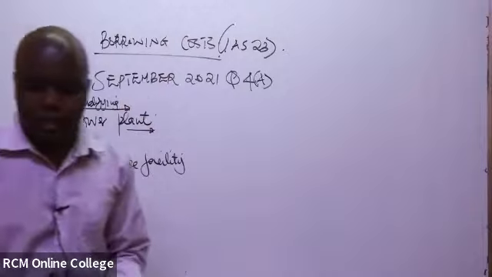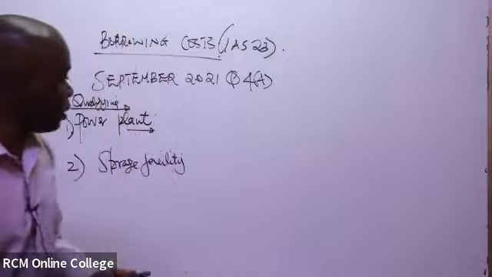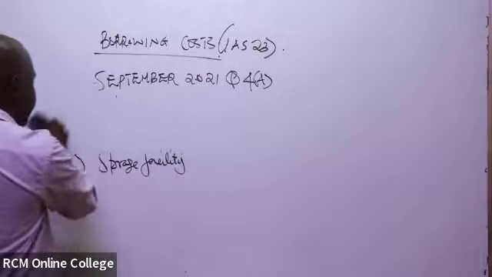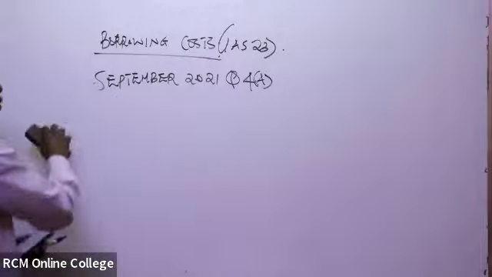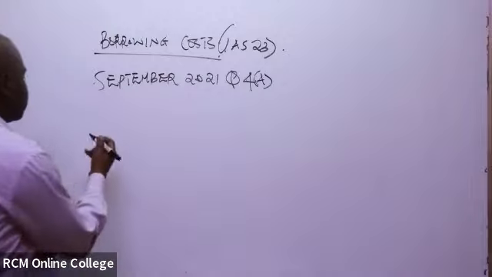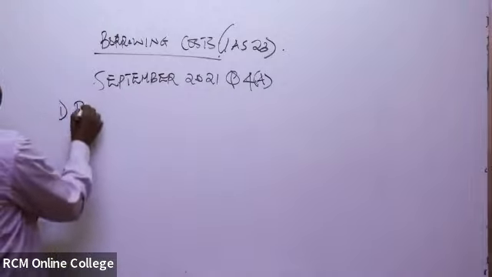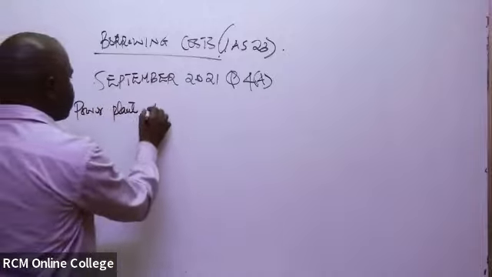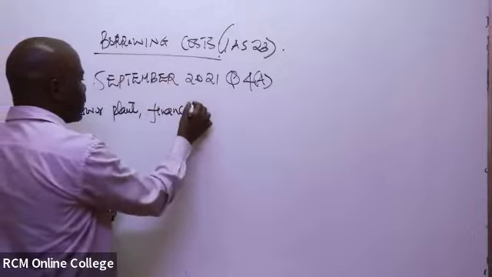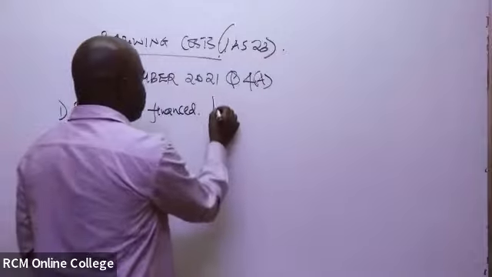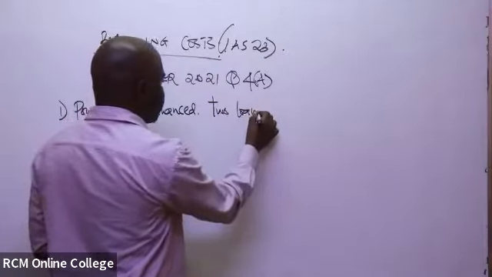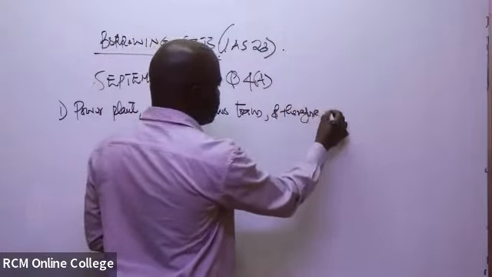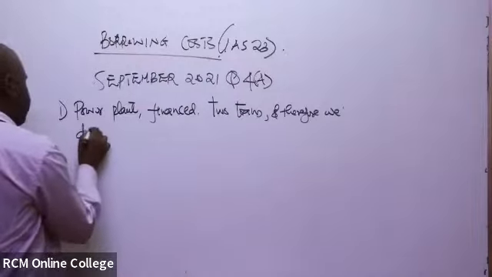So our first thing to determine, for the power plant, simply because it was financed by two loans, is the capitalization rate.